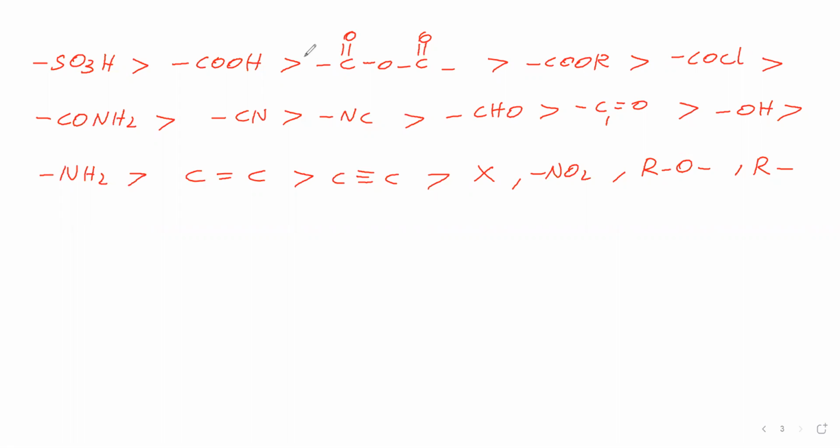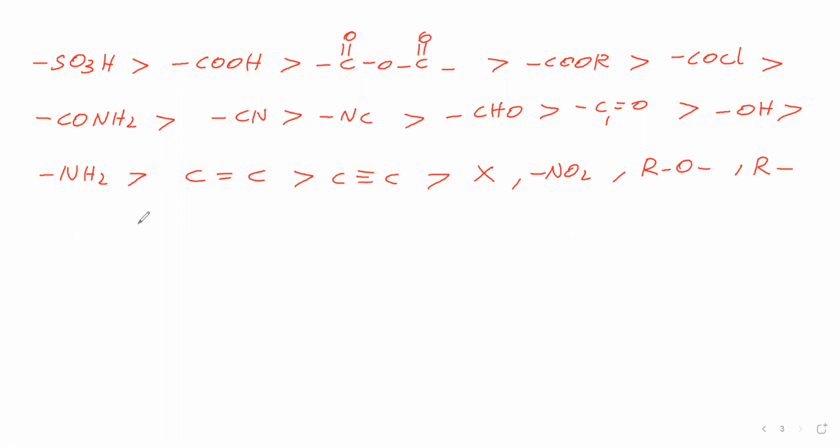Here, carboxylic acid and sulfonic acid: in this priority we have written sulfonic acid greater than carboxylic acid. Why? Because if you take sulfonic acid and carboxylic acid, sulfonic acid has higher reactivity. Based on that, we have said so.